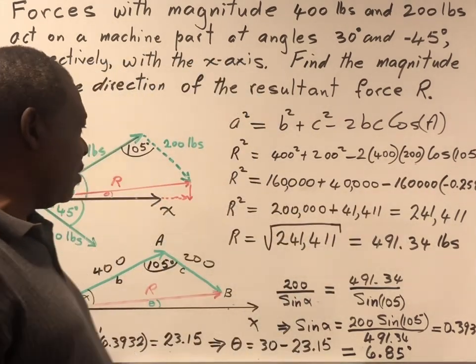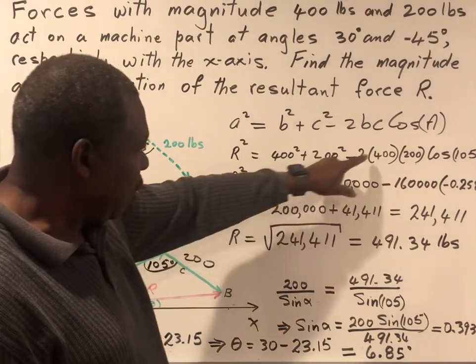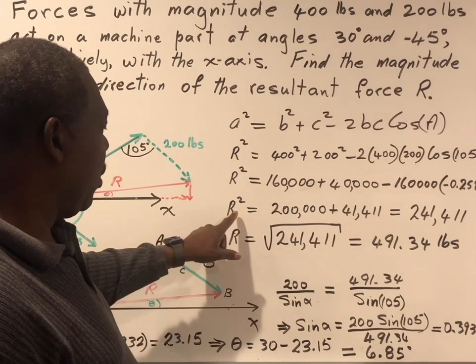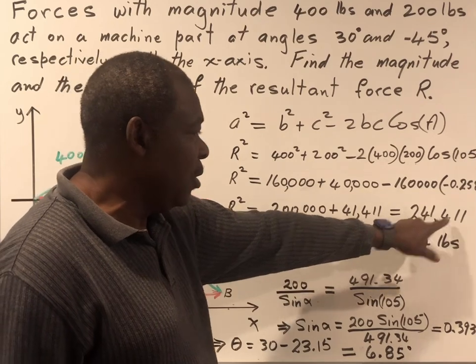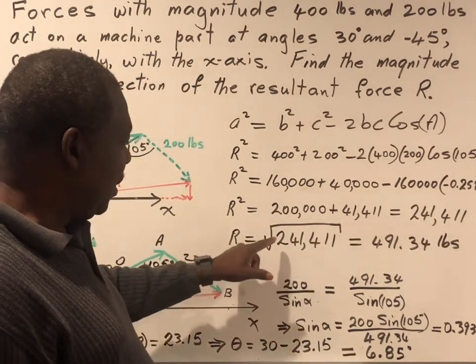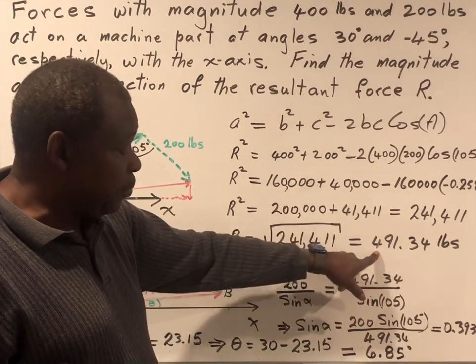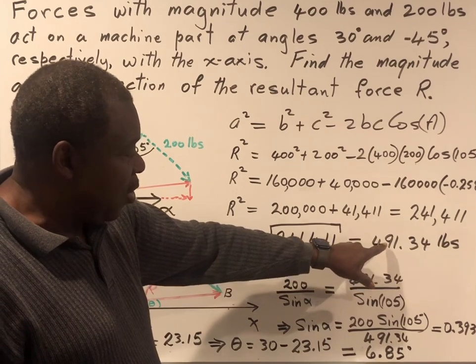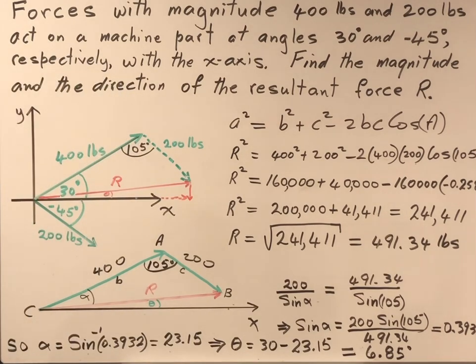We fill in those values, and when I work through these numbers, I end up with the square of R equal to 241,411. So R will be equal to the square root of that value, which comes out to be the same number we had before, which is 491.34 pounds.